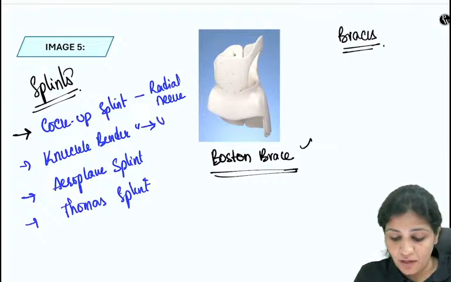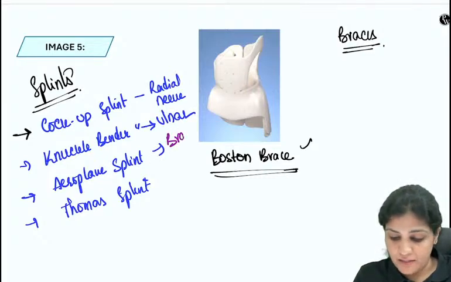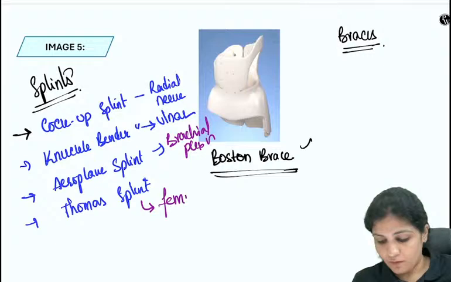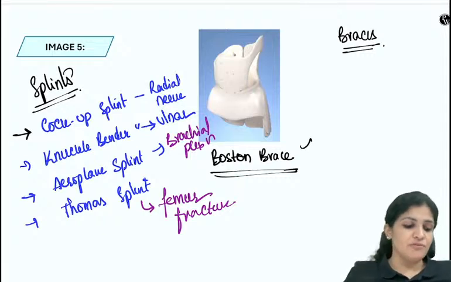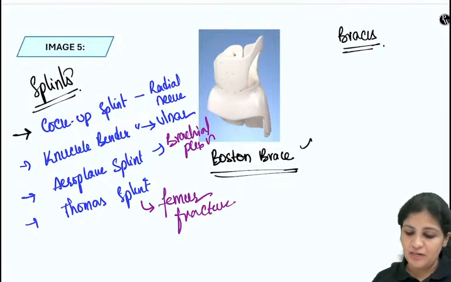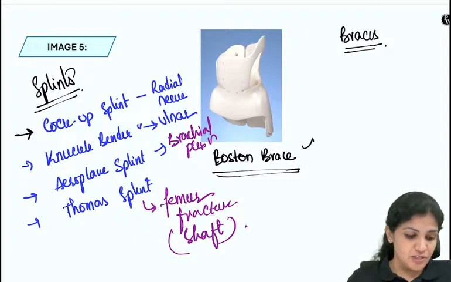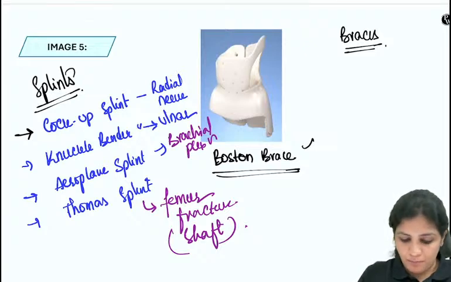Knuckle bender is for your ulnar nerve. Very good. Aeroplane splint is for your brachial plexus. Thomas splint is for your femur fracture, the shaft of the femur, not the neck of the femur. Then Bohler Braun splint, BB splint.